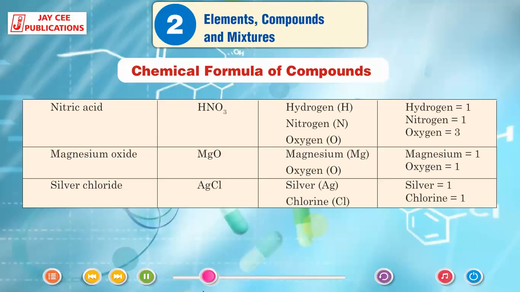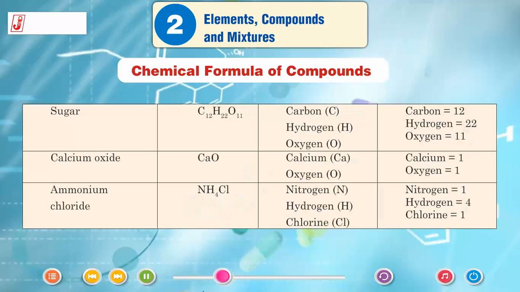Magnesium oxide, MgO, magnesium Mg, oxygen O, magnesium 1, oxygen 1. Silver chloride, AgCl, silver Ag, chlorine Cl, silver 1, chlorine 1. Sugar, C12H22O11, carbon C, hydrogen H, oxygen O, carbon 12, hydrogen 22, oxygen 11.